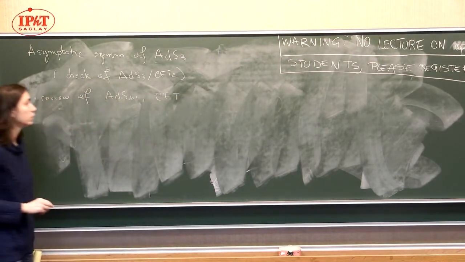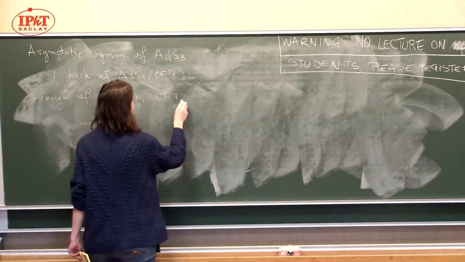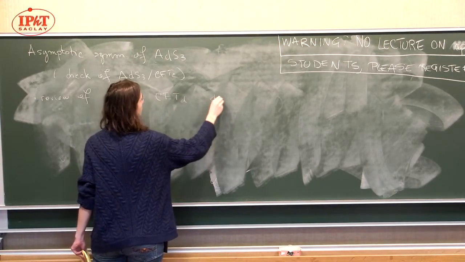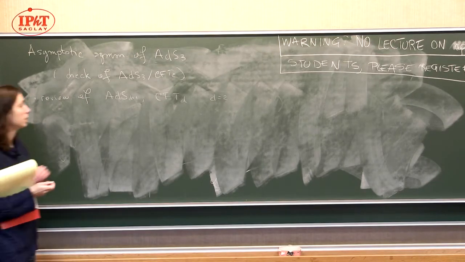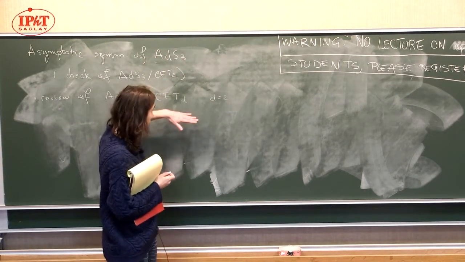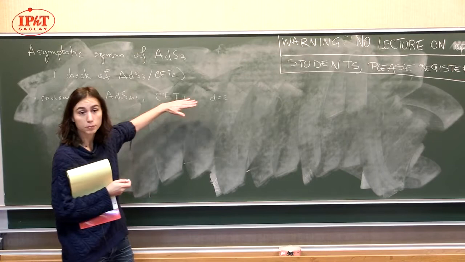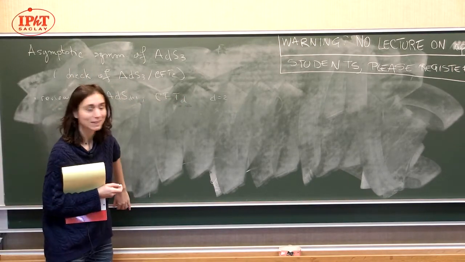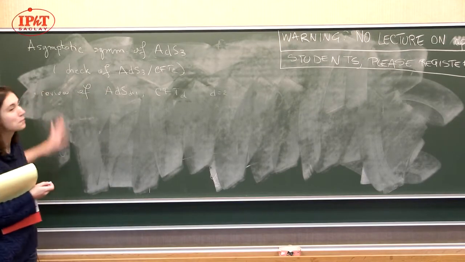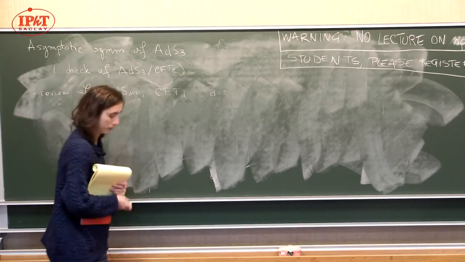Then a quick review of CFT, very quick, and in particular for D=2, where something nice happened. I guess most of you know that there's an infinite symmetry enhancement in two-dimensional CFTs, but hopefully some people will get something out of it.